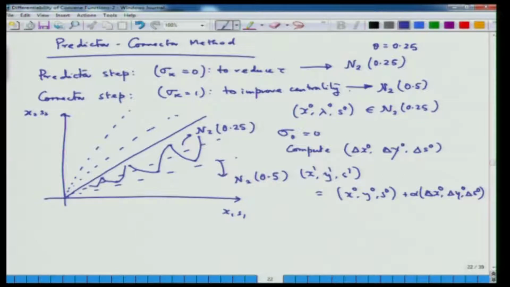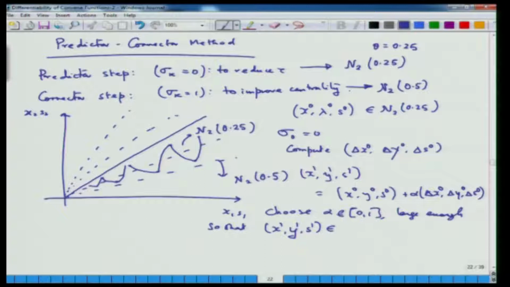Now, observe that you now have to choose alpha, alpha element of 0 1, large enough so that x1 y1 s1 is in the larger neighborhood. So, you have strayed a bit away from the central path.